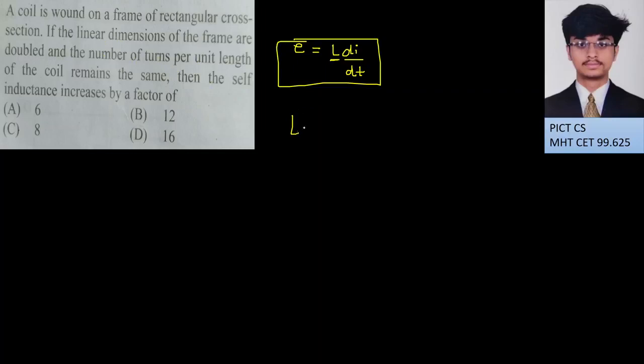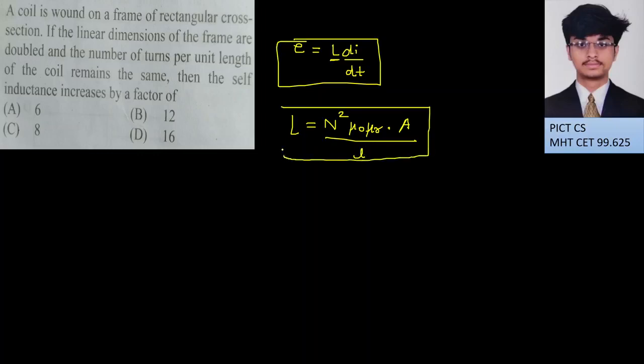So we have a formula of L which is L is equal to n square mu 0 mu r, that is relative permeability, into area upon length. This is the basic formula which relates self-inductance with number of turns, relative permeability, area and its length.